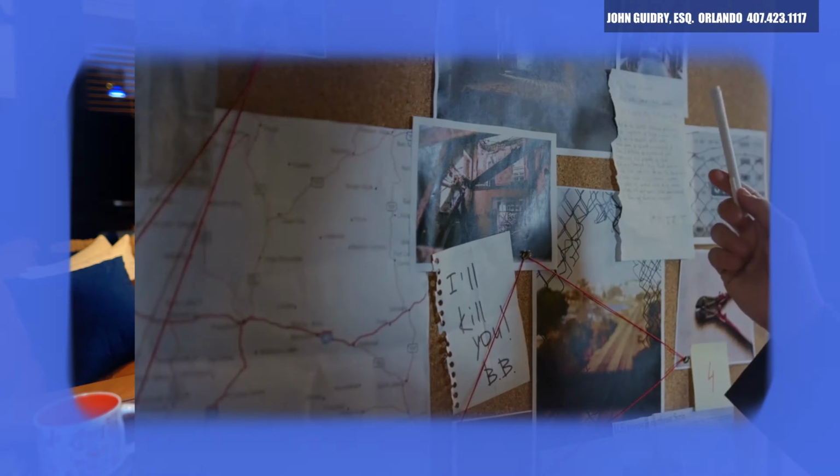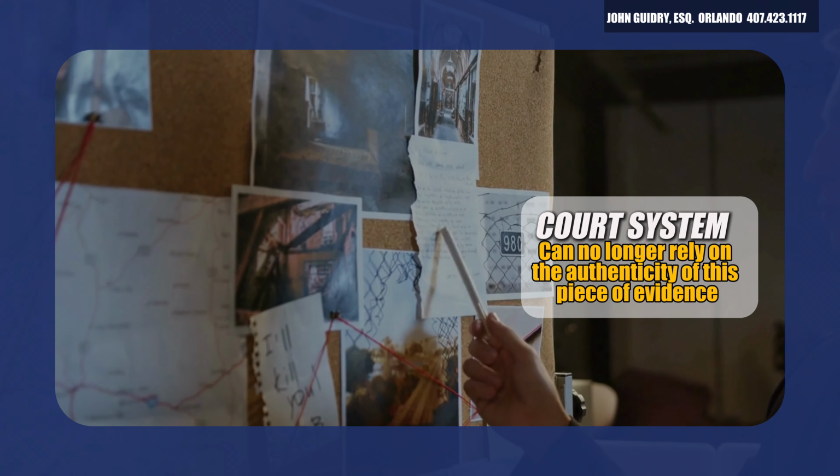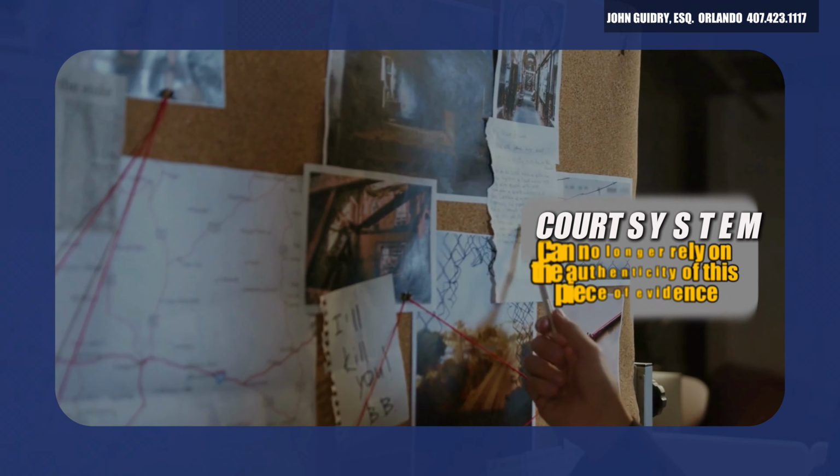That's what we call a chain of custody issue, and those issues can lead to the court system no longer being able to rely on the authenticity of this piece of evidence because we don't know how much tampering or what have you has been done to it. That can lead to the suppression of that evidence.